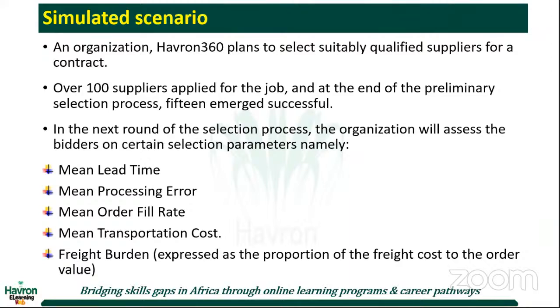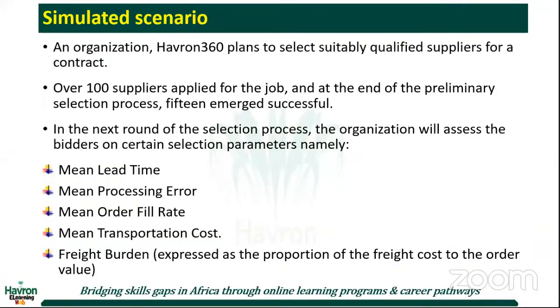And at the end of the first preliminary selection process, 15 emerged successful. Okay, so based on the assessment that were done on over 100 suppliers that applied, 15 of them came out successful. Now, there is another next round of selection process that the organization will use certain other parameters to judge.